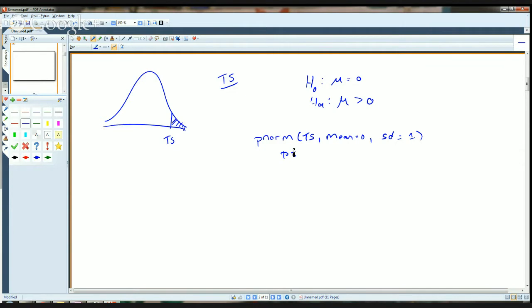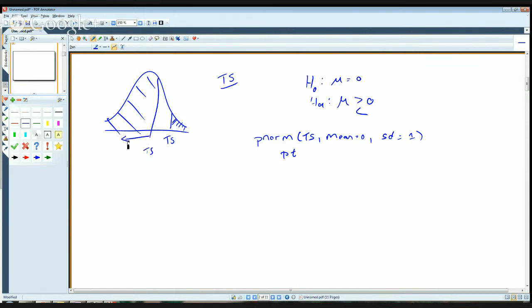Okay. And then if you wanted to test less than, your test statistic would likely be over here, or it doesn't matter where your test statistic is. If your test statistic's way over here, either way, because you're testing less than, more extreme evidence in favor of the alternative would be whatever is less than your test statistic.